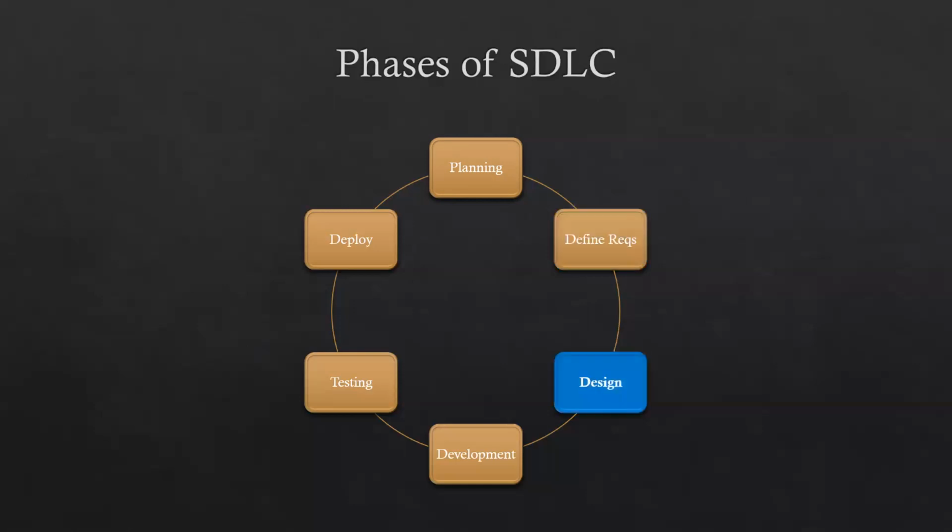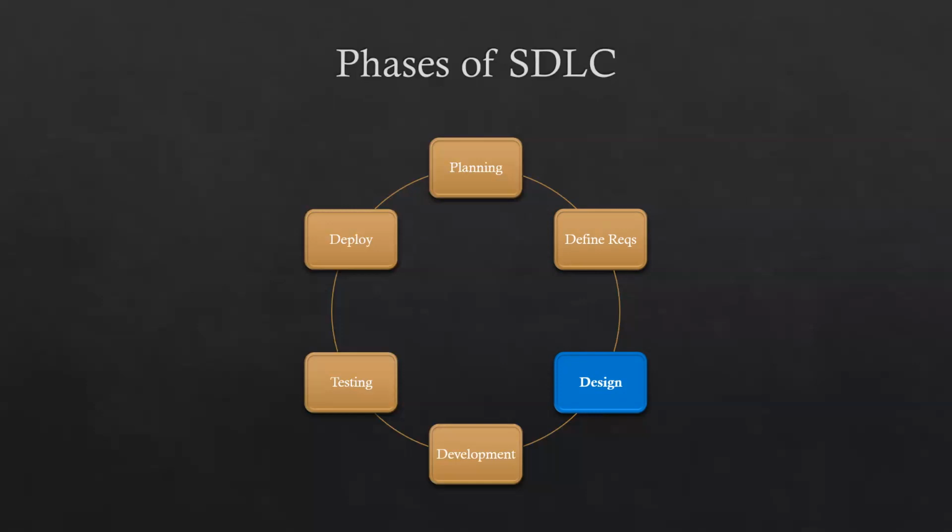Next, we have the designing phase. The architecture of the product comes in this stage. So the high level architecture, what components are going to be there, and what kind of infrastructure we are going to build, whether it is cloud based or standalone. What kind of system architecture will be defined in this phase.